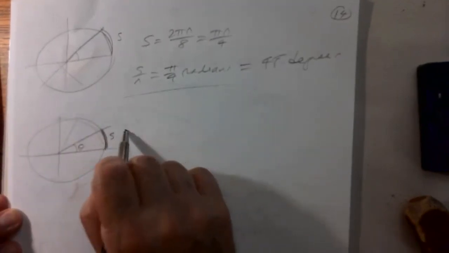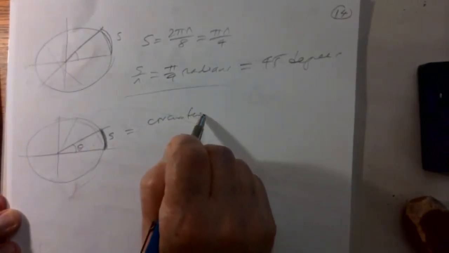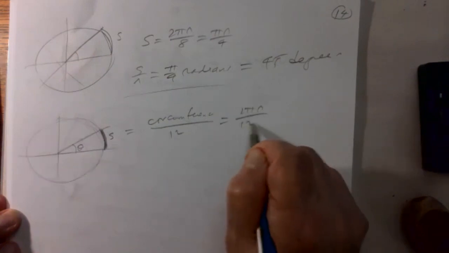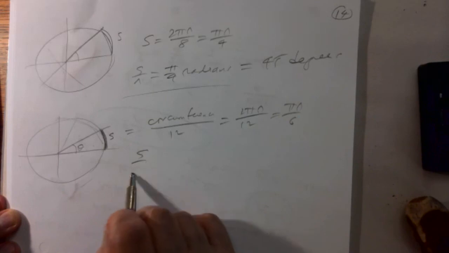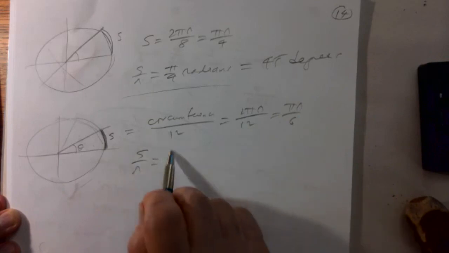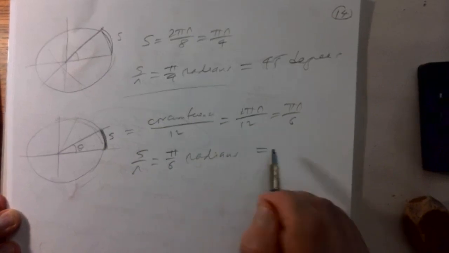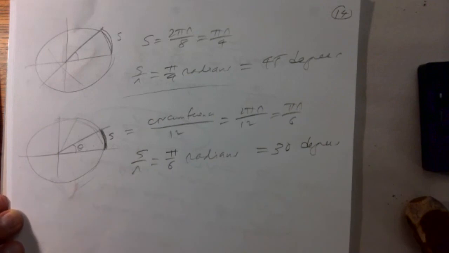So this S is the circumference divided by 12. 2 pi r over 12, pi r over 6. So S over r is pi over 6 radians. So pi over 6 radians is 30 degrees.